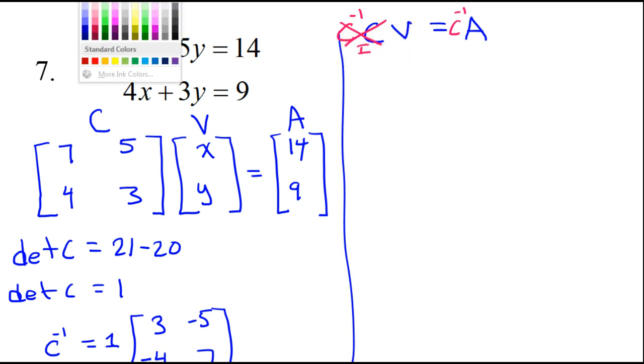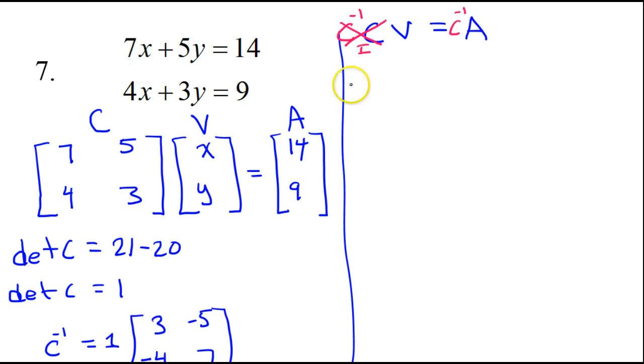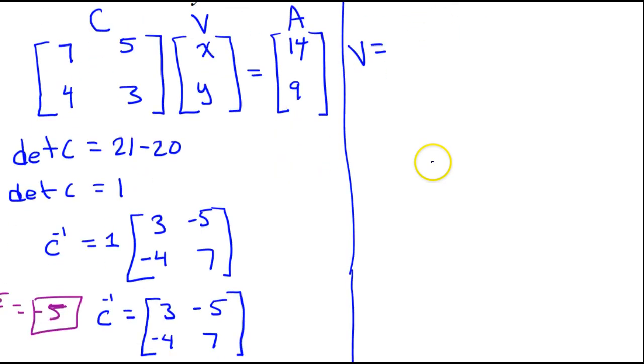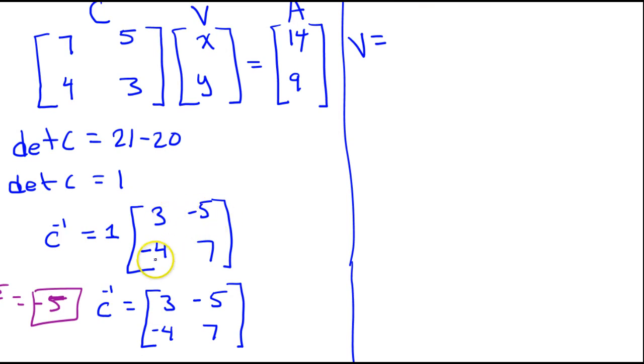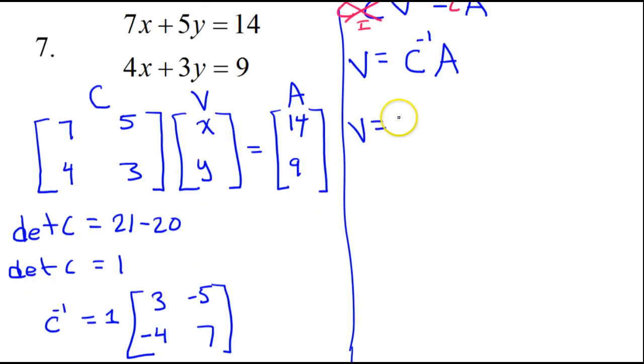So that means what I really have now is that the variable matrix is going to equal the inverse of C times matrix A. So that's what I'm about to do right now. So that means the variable matrix should equal the inverse of matrix C, that's what we just found: 3, negative 5, negative 4, 7. Whoops, this is positive 3 right now.